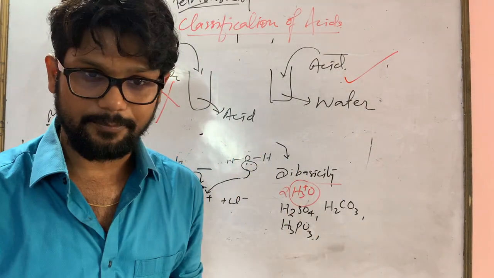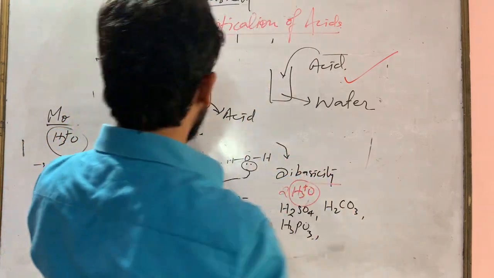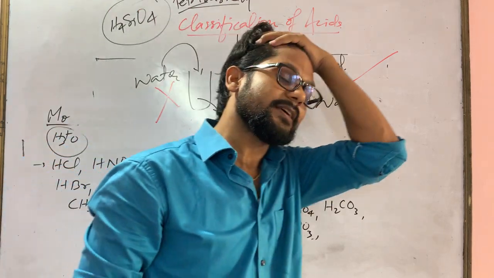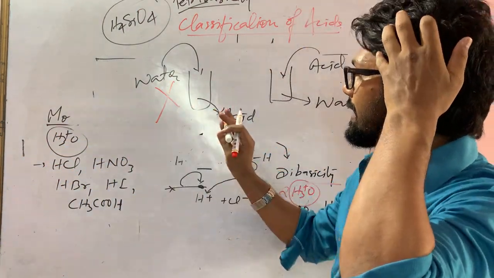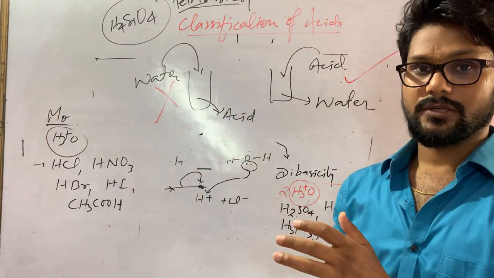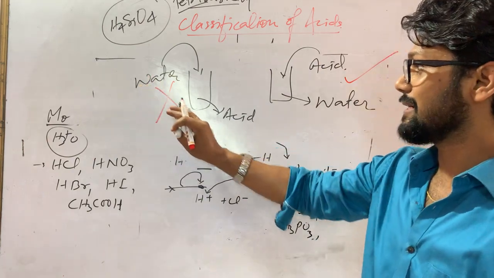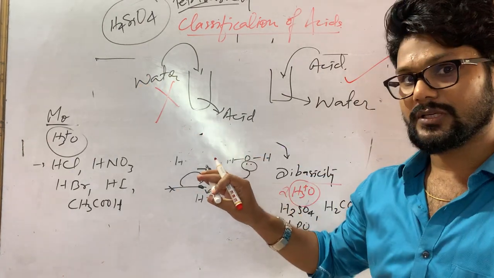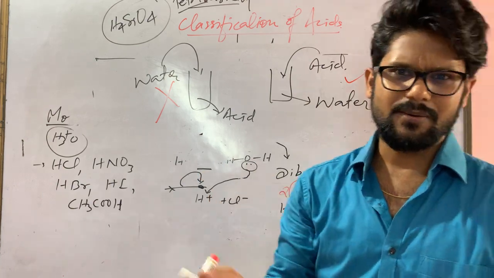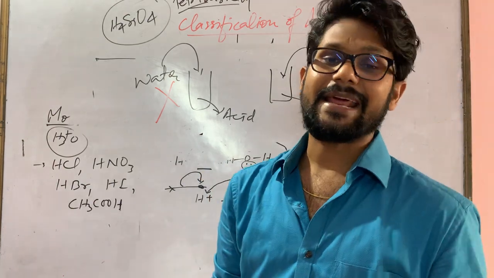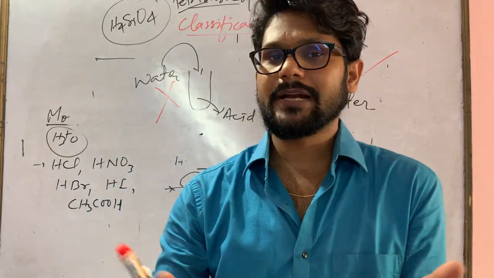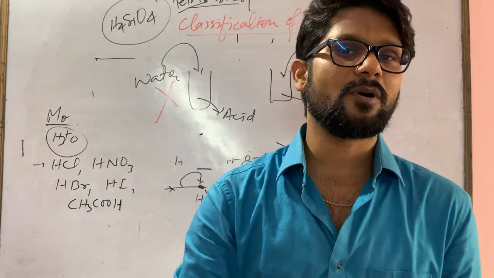A question can come: why is water never added to acid in order to dilute it? The very simple answer is because it is an exothermic process, and you know that exothermic means it produces a large amount of heat.